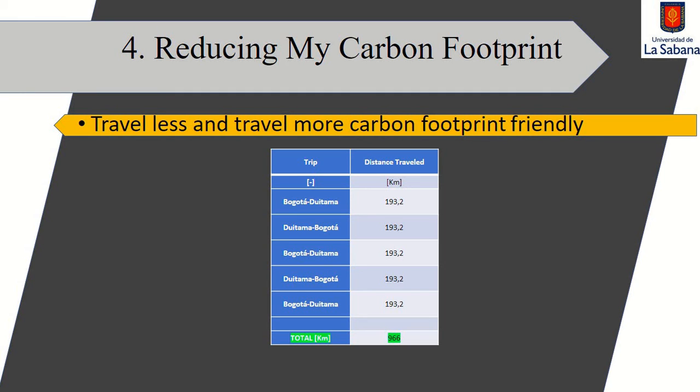Taking into account that there are estimated and mandatory trips like the one made from Vitama to Bogota and vice versa, the following table has the total kilometers traveled for long trips with the respective reduction.